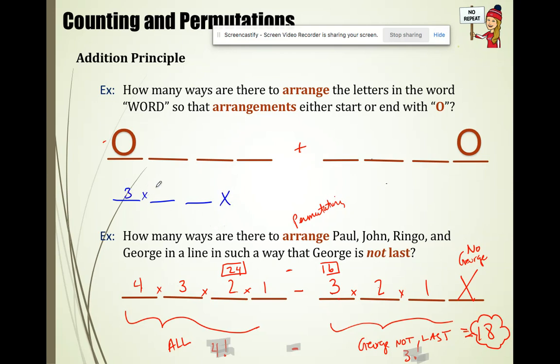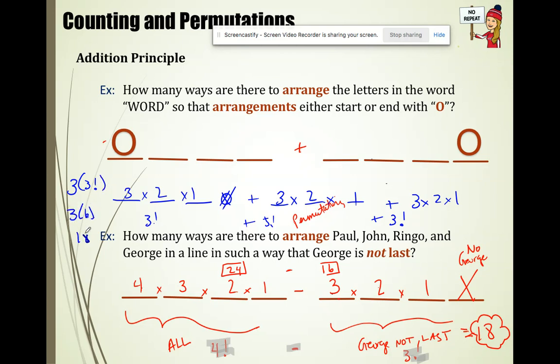So I just have 3 times 2 times 1, plus 3 times 2 times 1 is another way. George cannot be last because one of these is George, right? But what is that? 3 factorial plus 3 factorial plus 3 factorial. Now that is repeated addition of the same number, so that is 3 times 3 factorial, which is 3 times 6, which is 18.